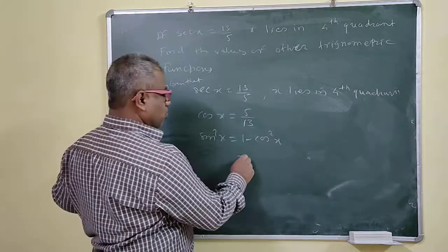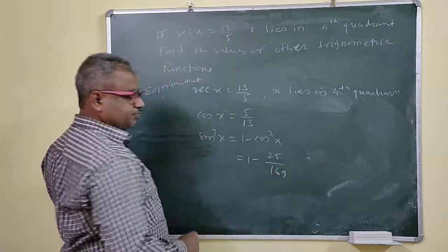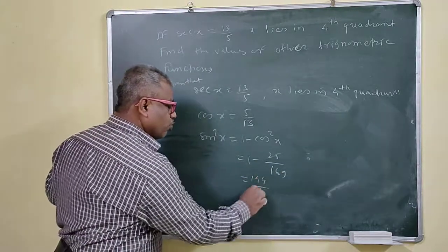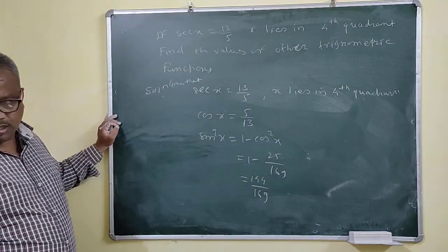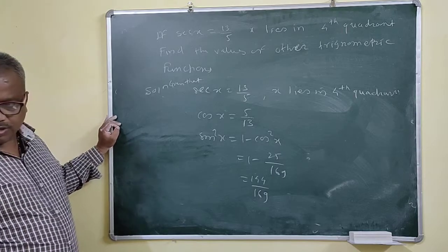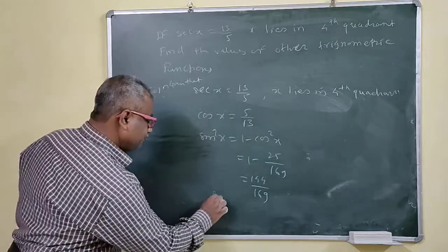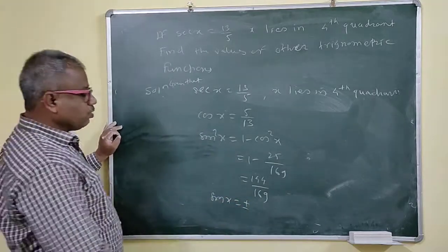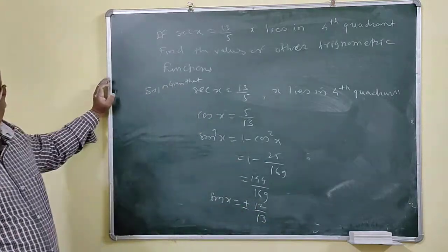So this is 1 minus 25 upon 169, which is the same as 144 upon 169. So now sin x is equal to plus or minus 12 upon 13.